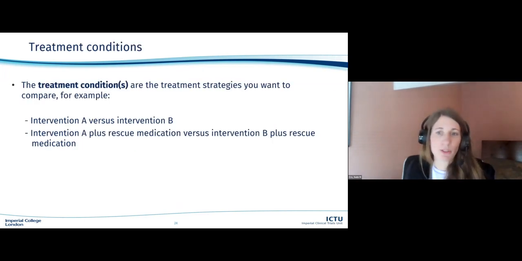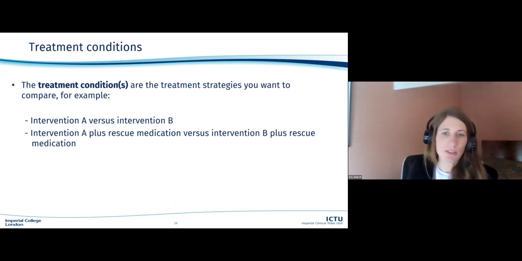For example, the treatment conditions, these are the treatment strategies you want to compare. So these might be just intervention A versus intervention B, as you've got them in your protocol, but it's not necessarily what's in the treatment section of your protocol. The treatment condition might incorporate an intercurrent event, such as rescue medication, and so therefore it might be specified as intervention A plus rescue medication versus intervention B plus rescue medication.